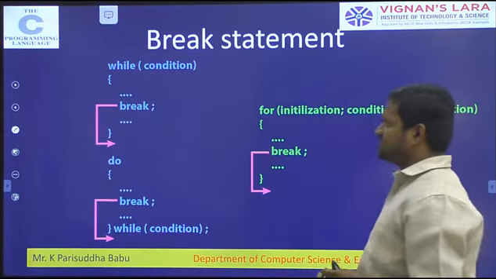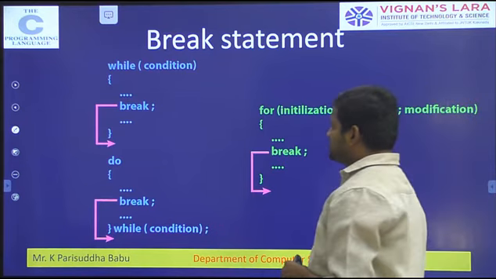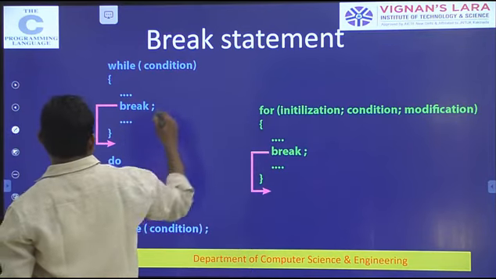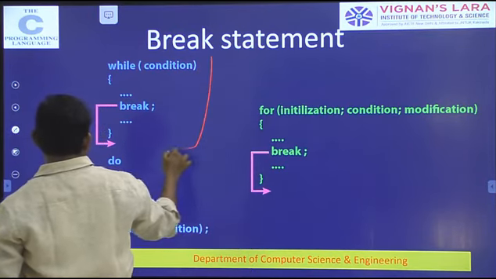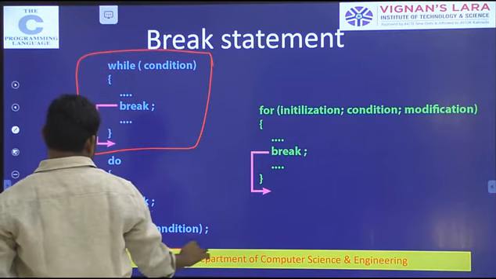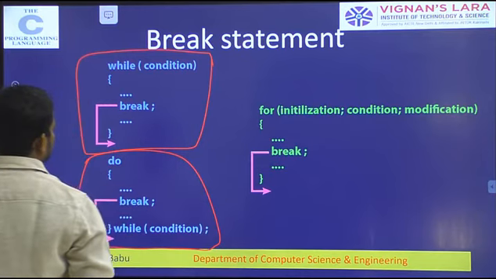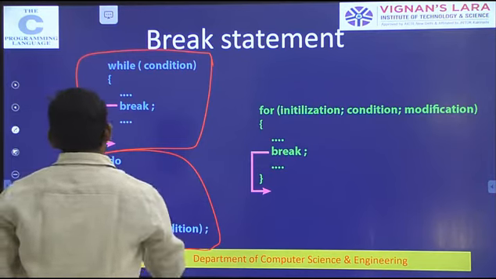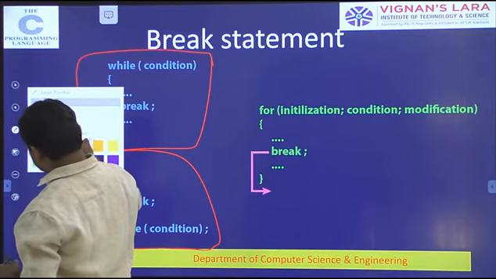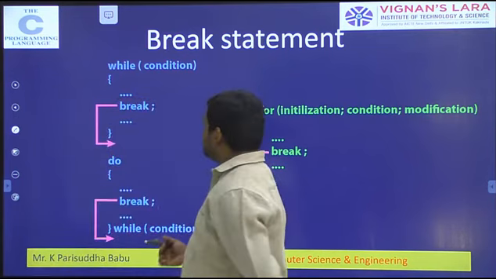After that, the break statement. When you use a break statement, it automatically breaks the condition at that particular time. The break statement may be used in all the loops.